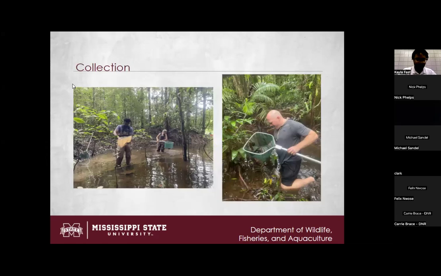For our field collections of fishes to study, we used dip nets, and we collected each fish individually into 2 milliliter screw cap tubes with 95% ethanol in it to preserve the bacterial communities as well as the fish tissue. And at each site, we collected habitat water quality using a YSI.